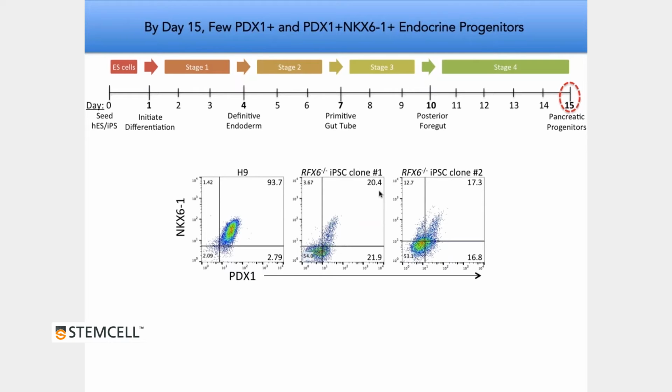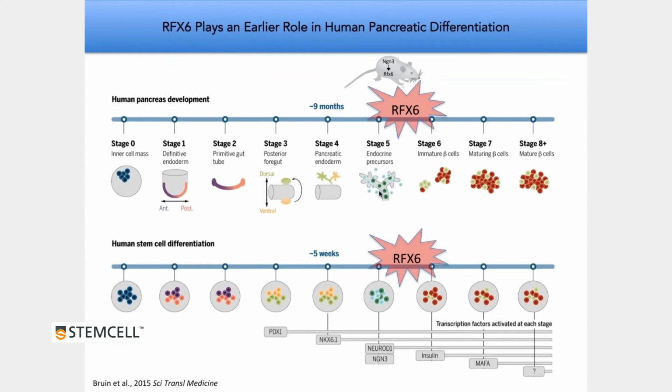So I showed this slide earlier to emphasize that our idea based on work in the mouse was that RFX6 functions at this critical stage when cells are becoming mature endocrine cells or hormone-containing cells. But in fact, our iPS data show that RFX6, at least in the human system, operates at an earlier stage.